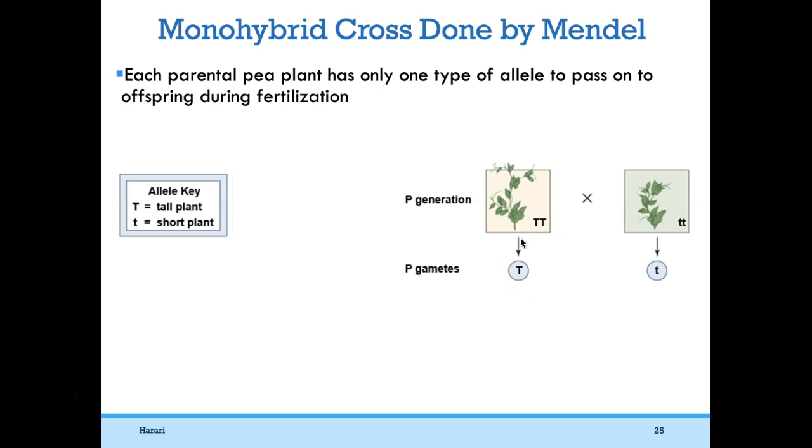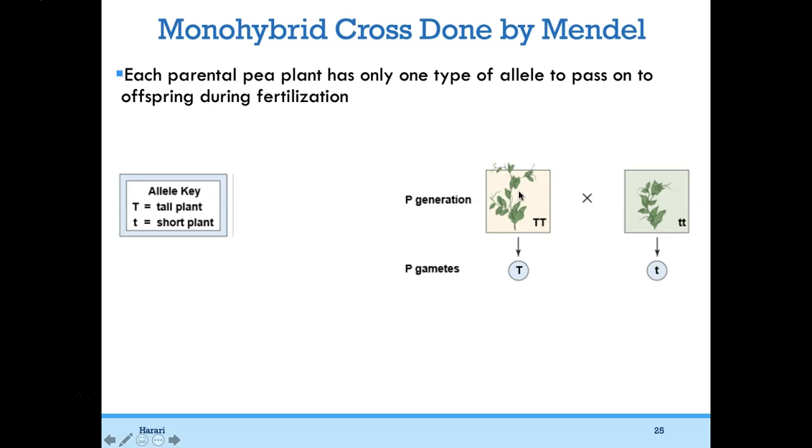It can only give a big T. So in meiosis, when the alleles mix and match, if there's only big T's there to begin with, there's only going to be a big T given in the sperm or egg, or in the pollen or the ovule. Same idea over here. This is a homozygous pure breeding plant. It can only give a little t.